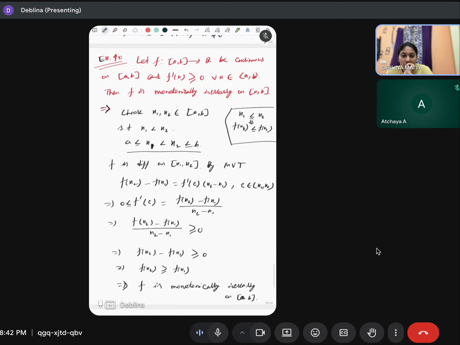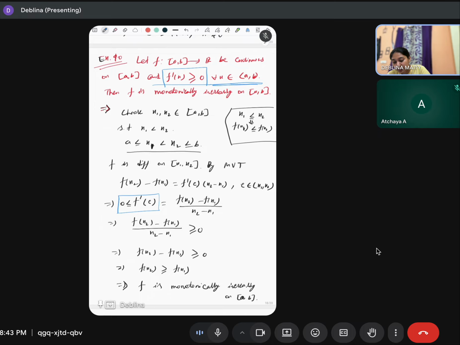In exercise 10, what is your doubt? How have I put this part? This is by the hypothesis. We are already given that f dash x is greater than or equal to 0 for all x belonging to (a, b).